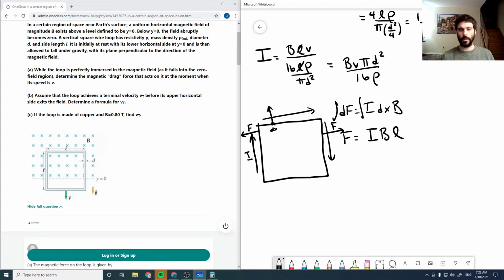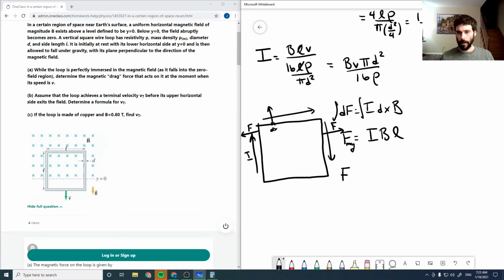So these two cancel, and there's no force on the bottom of the loop. In other words, we only need to consider the force at the top of the loop, as that is going to be our only contributor. So that is our magnetic force, just IBL.